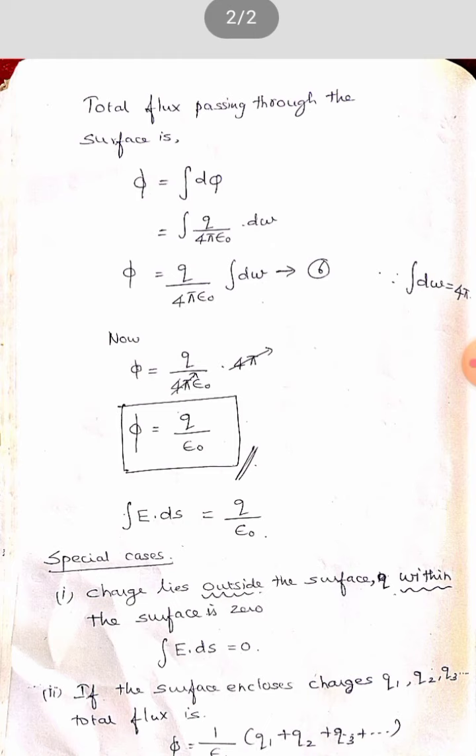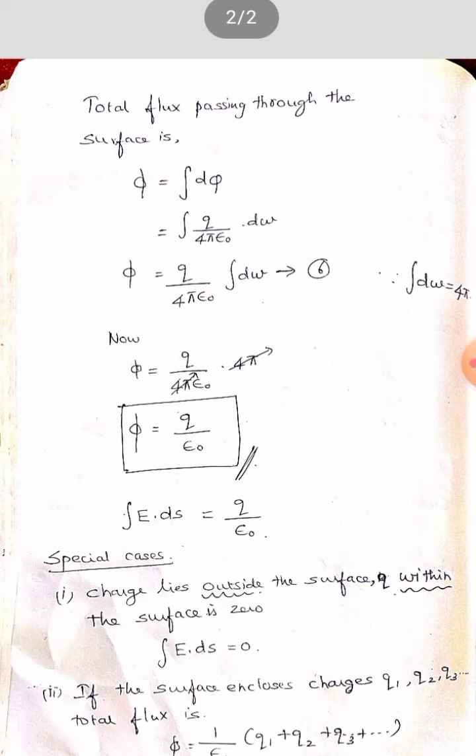Case 2 is: so far we have considered only one point charge. If there are more charges existing in that surface, we can sum up all the charges, that is q1 plus q2 plus q3 going up to qn. We can add up all those charges and it is reflected in the total flux.